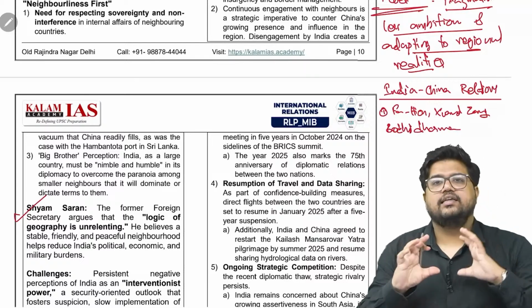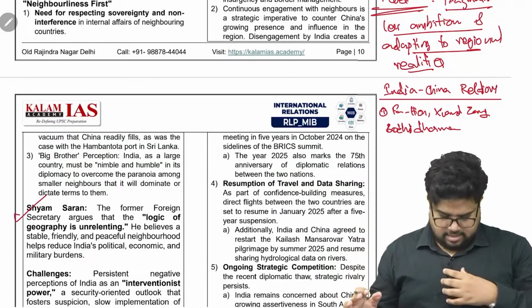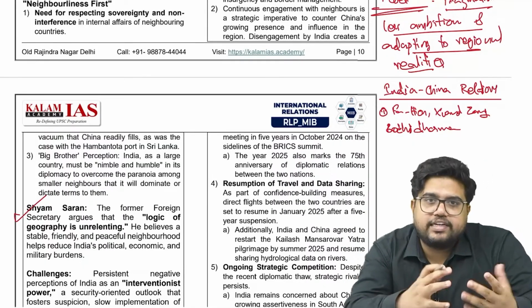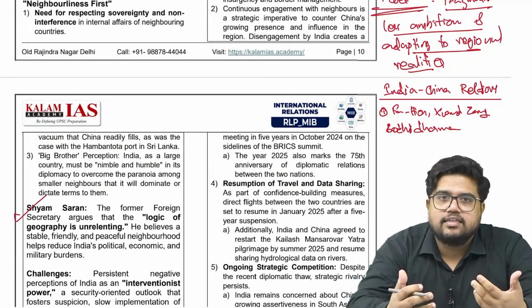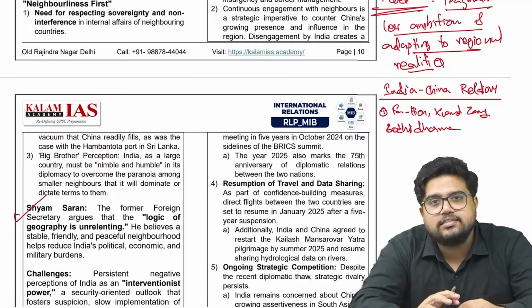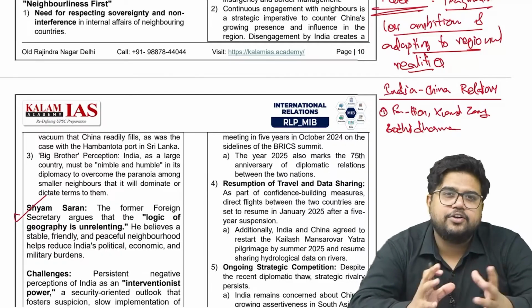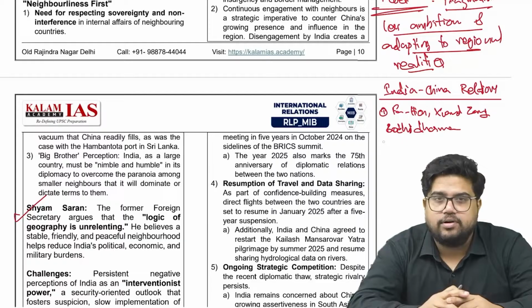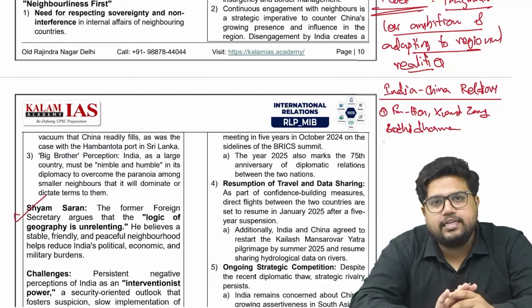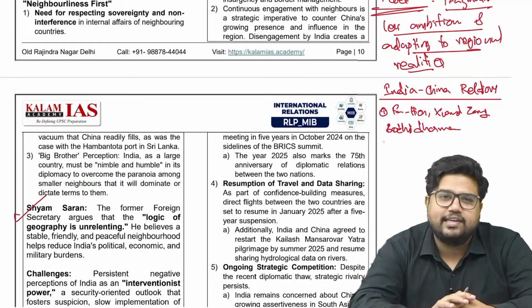So this is like the cultural base, the cultural historical base is the foundations of India-China relations. This is where you can really, if you can bring these aspects into your answer, that will be exceptionally novel point. We're not neglecting the current realities, but there is a cultural fabric that runs between India and China.